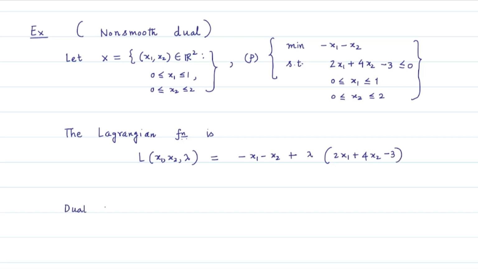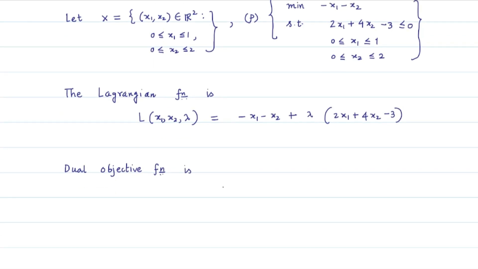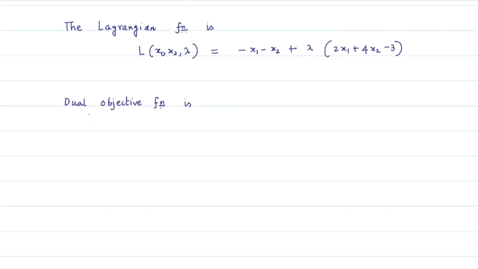So the dual objective function is given by theta lambda, which is equal to infimum over x1, x2 belonging to capital X of the function L(x1, x2, lambda), right?